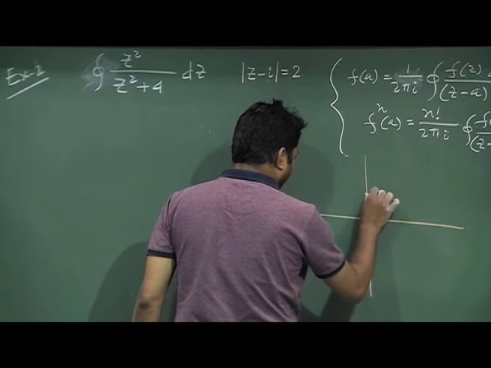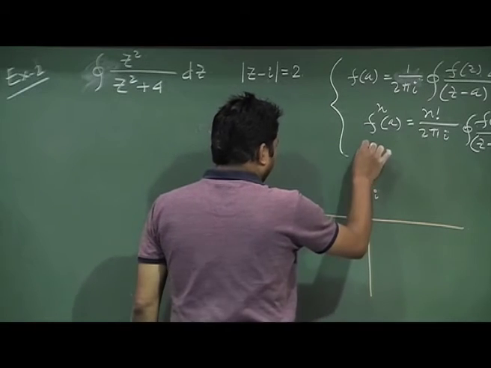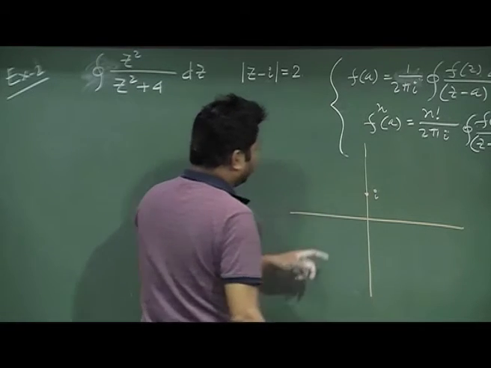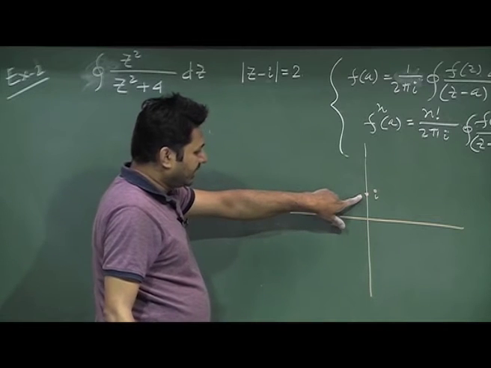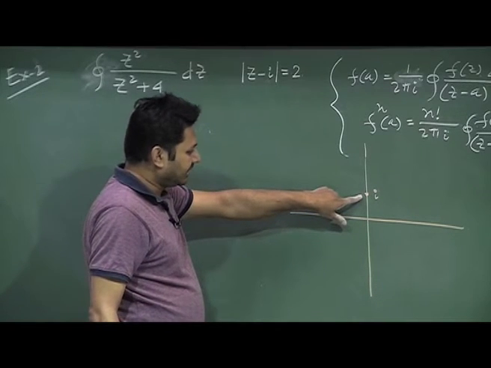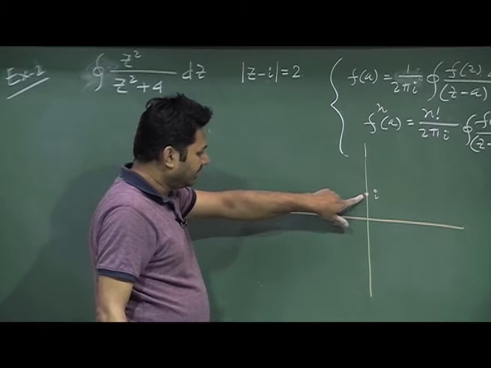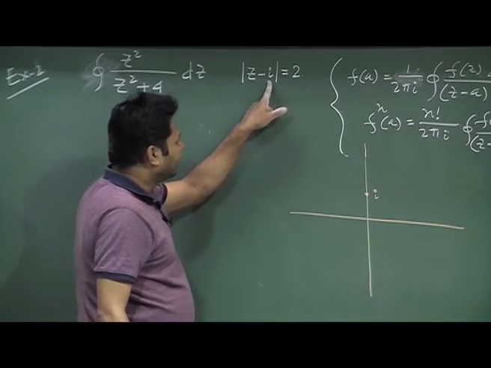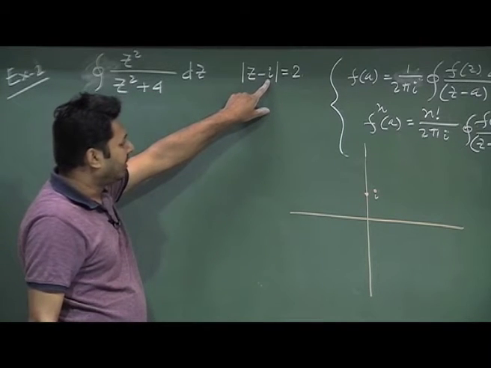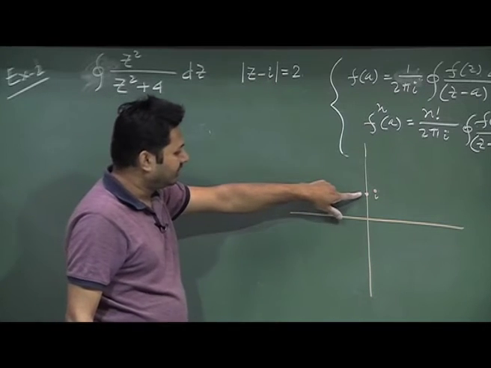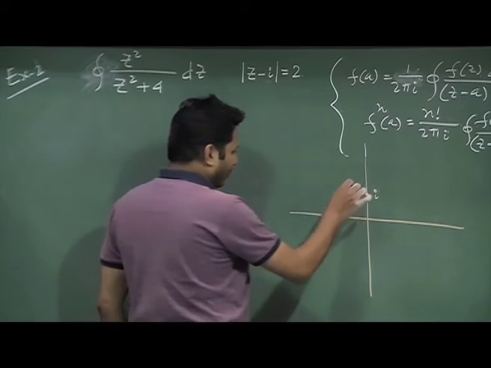This is the point i, and I am going to encircle this point with a circle of radius 2.